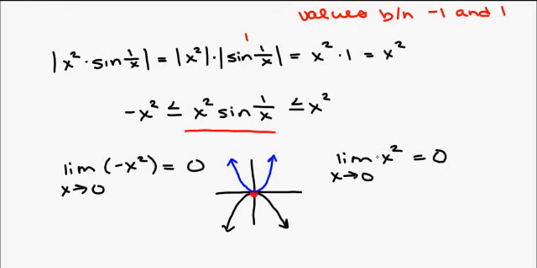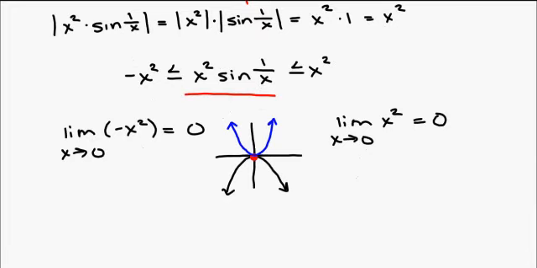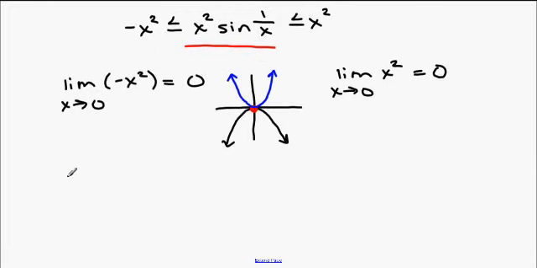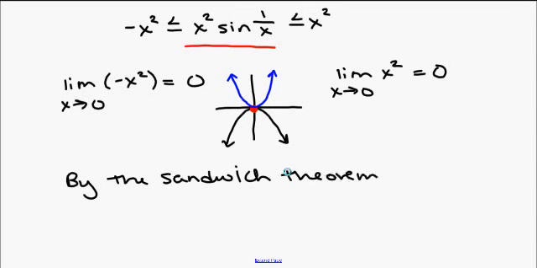Okay, so because the limits of each of these functions that our function is between are both equal to 0, we can conclude by the sandwich theorem the limit as x approaches 0 of x squared times sine 1 over x is equal to 0.